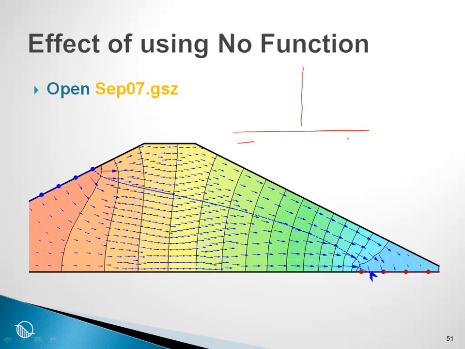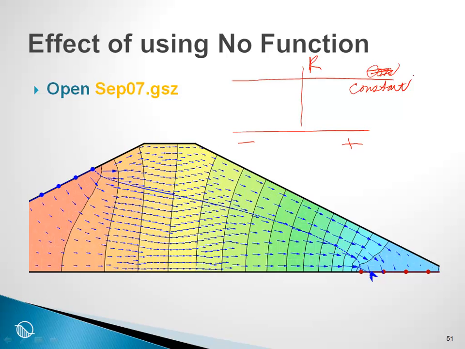So this is negative and positive pore pressure versus conductivity, and what we are saying is that we will have no function at all. It will be a constant value. Unfortunately, this is one of the worst things that you can do. Defining no function for an unsaturated flow problem is worse than a rough approximation of a function.